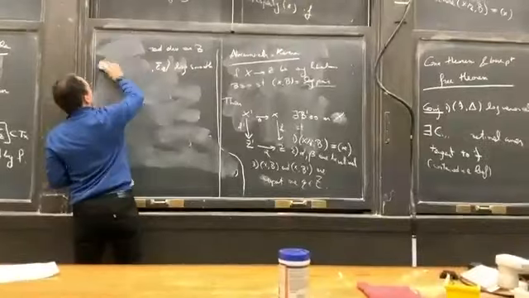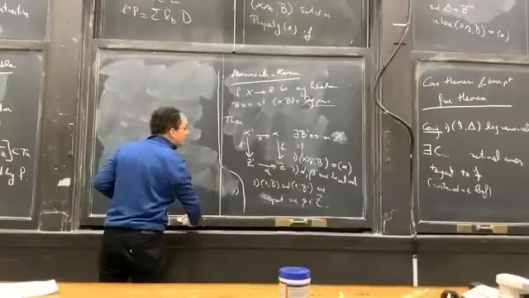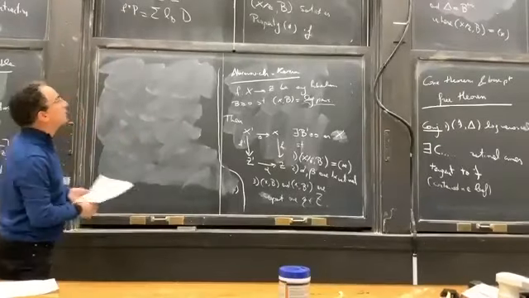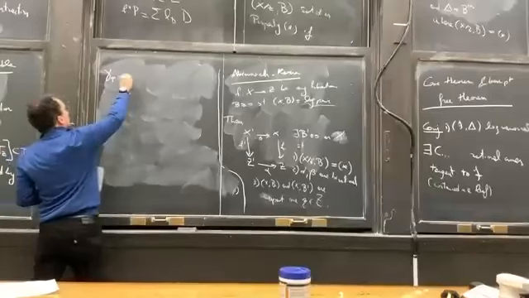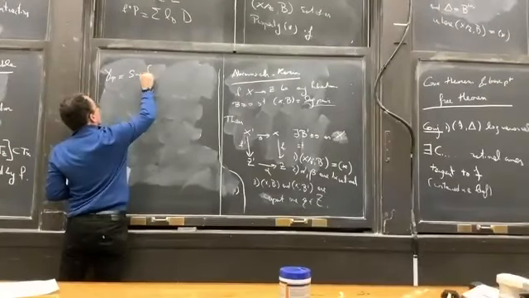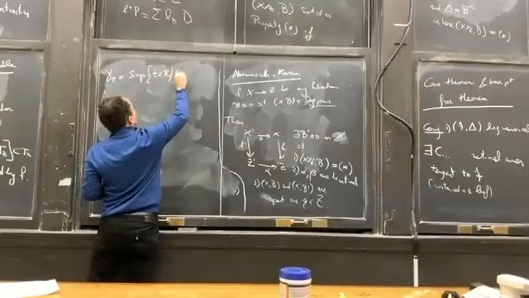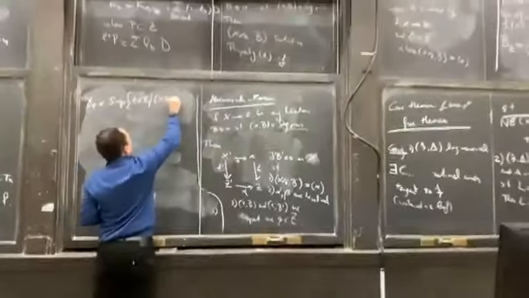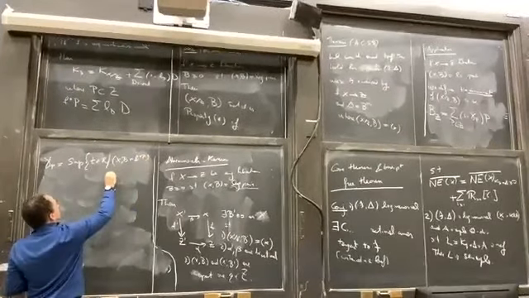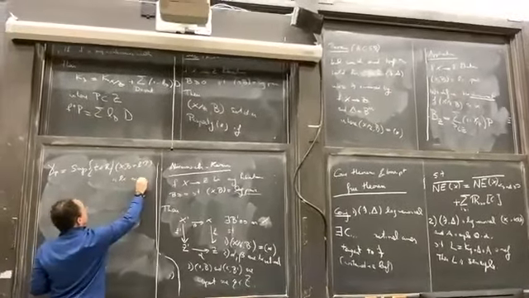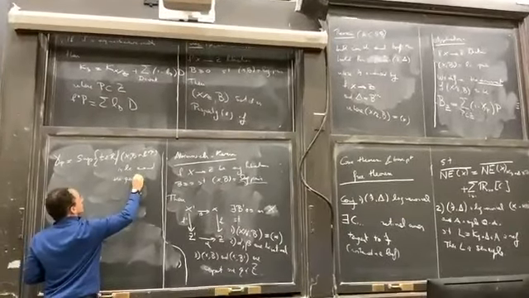So I need to define what is gamma p. Gamma p is the number that defines the coefficient of this divisor. It's usually defined exactly like as always. It's a sup of the t, a real number, such that the pair xp plus t times x star p is not canonical around the general point of p.